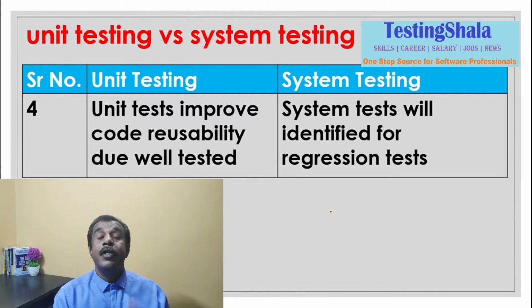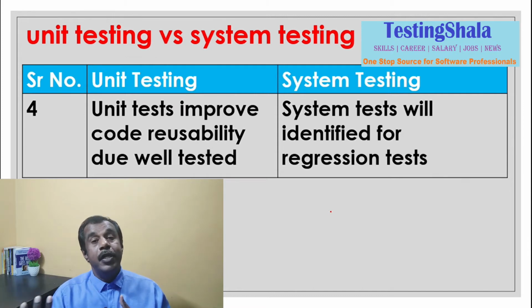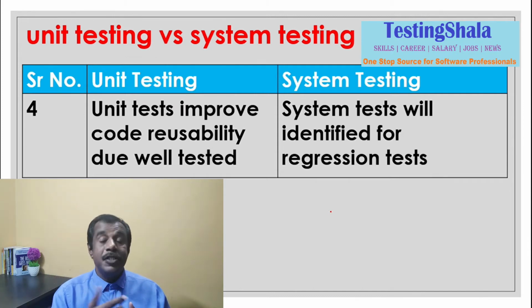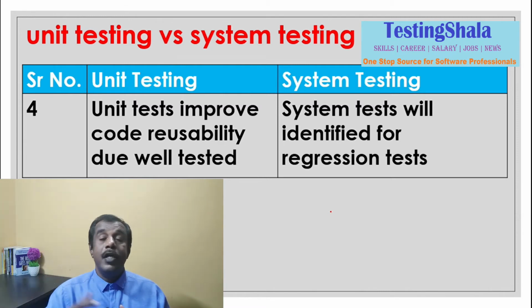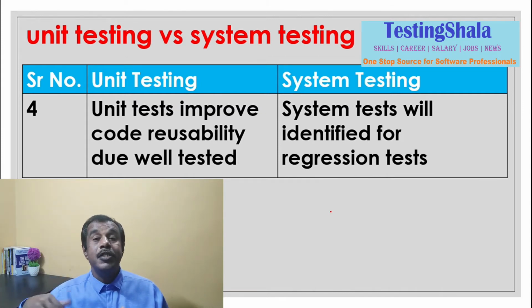That means we can reuse a lot as part of unit testing. In system testing also, we can reuse the test cases we wrote for system testing in the coming cycles as regression cases. The same end-to-end test cases will become a regression suite in the coming cycles.